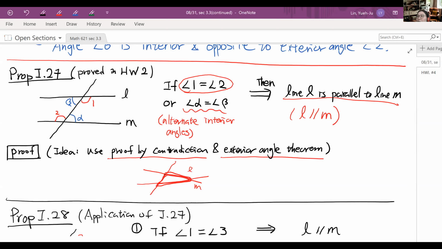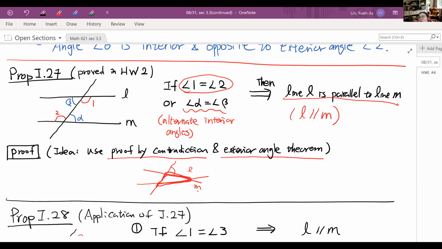What's the exterior angle theorem? It tells you that if you have an exterior angle of a triangle, then that exterior angle is always strictly bigger than either one of the interior angles inside the triangle. So by assuming the conclusion is not true, you eventually get a contradiction. If I remember correctly, it contradicts the exterior angle theorem. That's the rough idea of this proof.